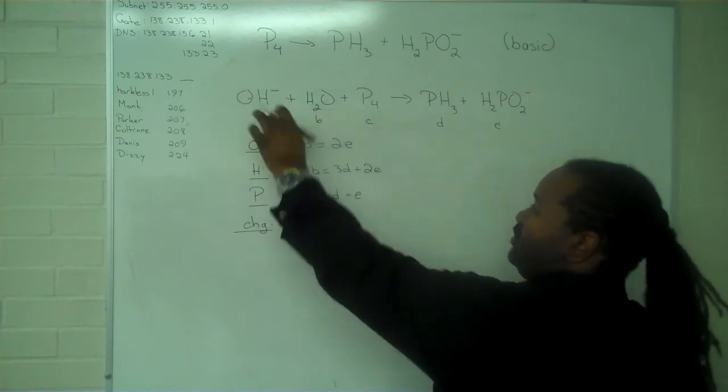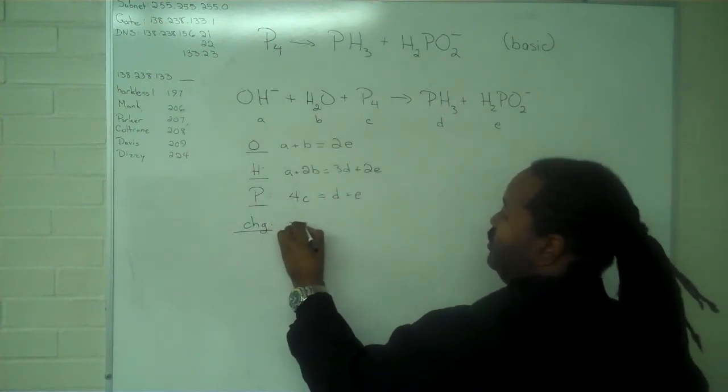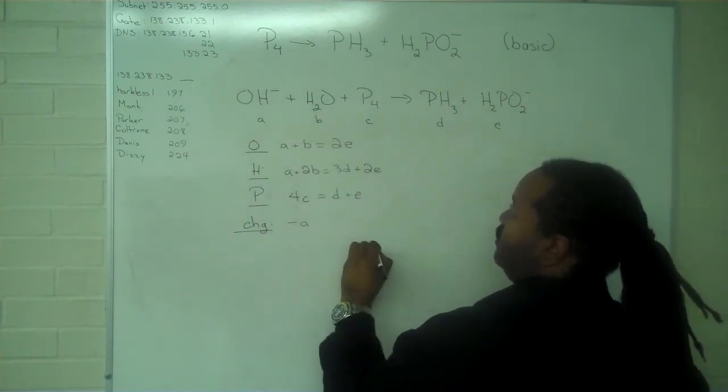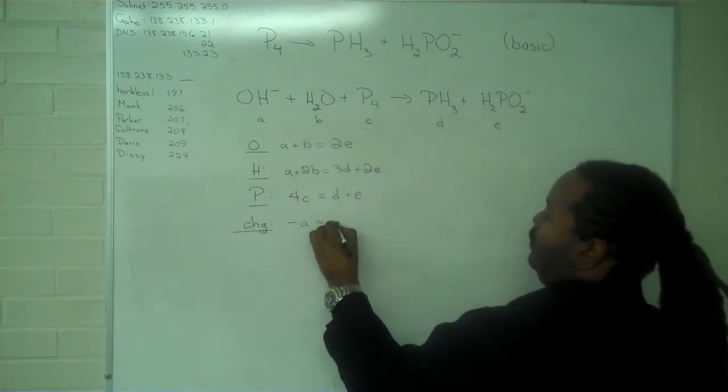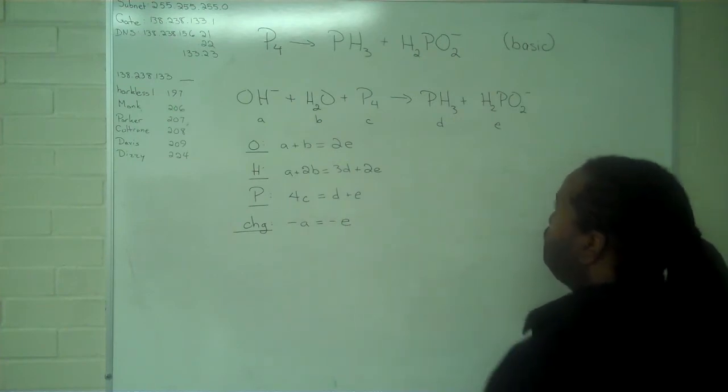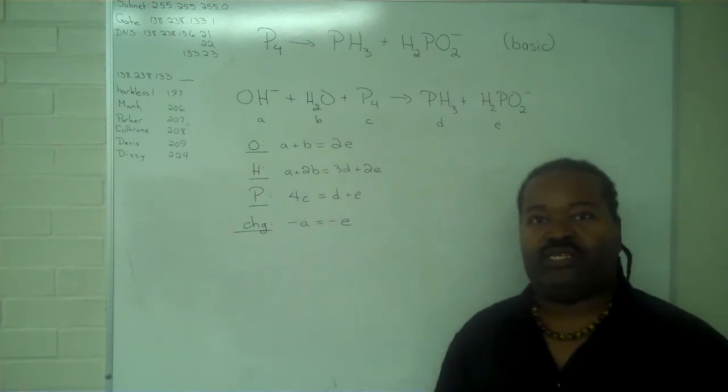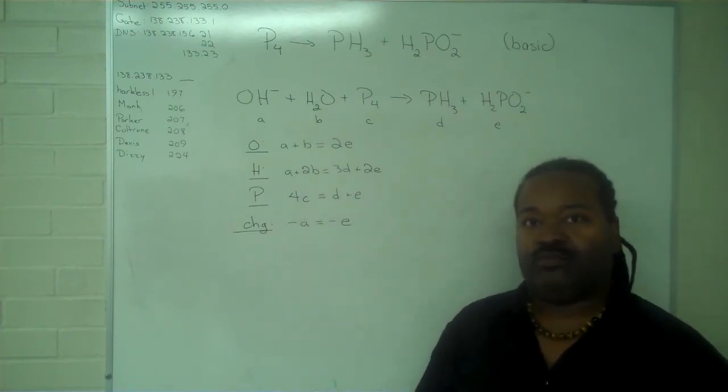So however many copies of hydroxide we have, that's going to add a -1 charge. So minus A equals negative E.